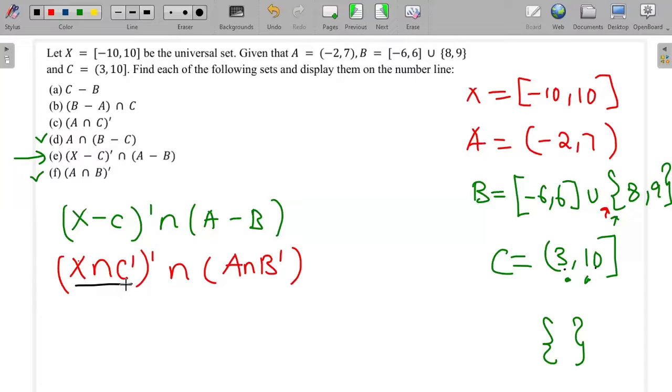And then I'm intersecting the whole universal set, -10 to 10, with the complement of C. What do you think I'm going to get just inside here? If I'm intersecting the universal set with any set, what do I get? Hello, guys. If I'm intersecting the universal set with any set, what do I get?